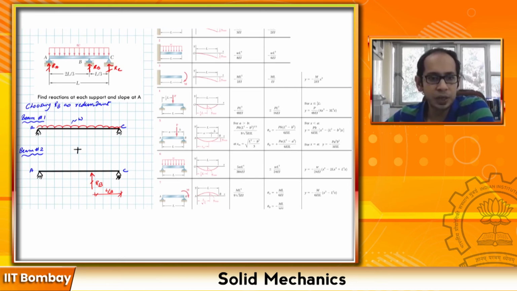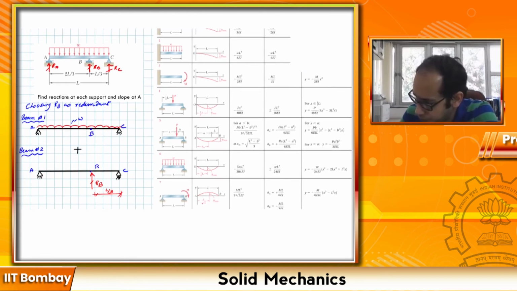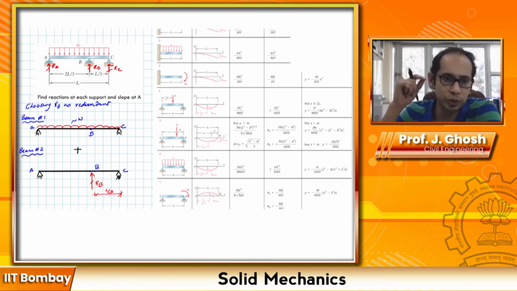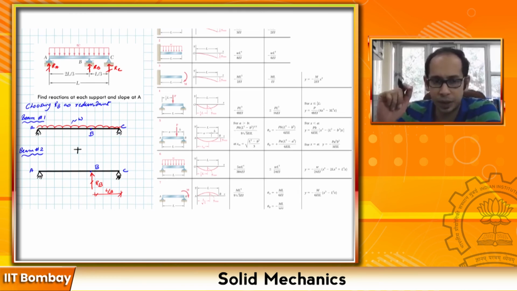So the downward deflection you get at B for beam 1, and the upward deflection you get for beam 2, if you add them up, must equal 0. That is the compatibility condition that you are going to use.